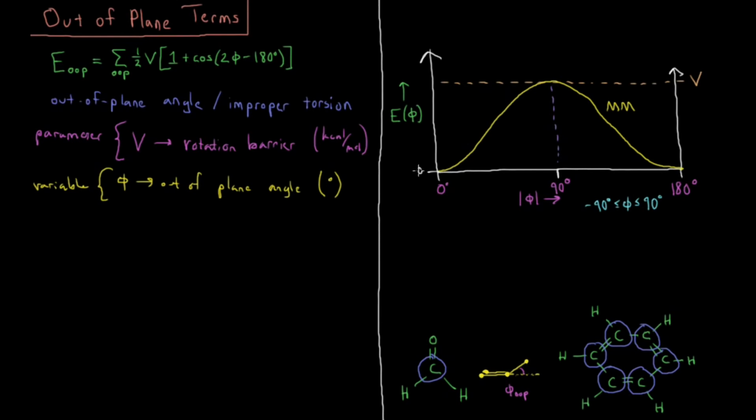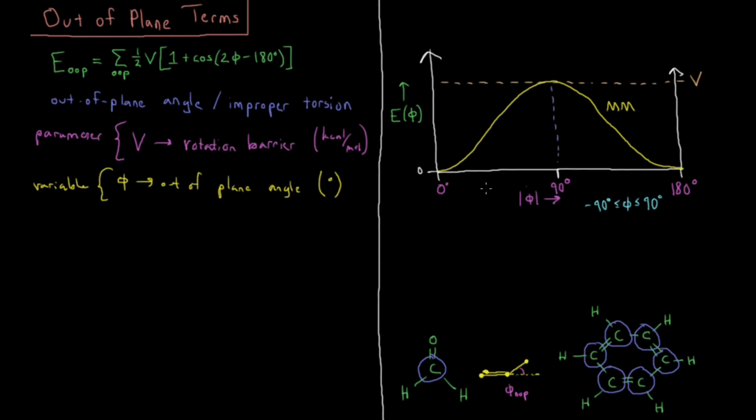So if we plot this potential, it starts at 0 degrees. An out-of-plane angle of 0 degrees means you're in the plane. The range of that is from minus 90 to plus 90. It's signed, so negatives are below, positives are above, depending on which order you specify the 2 hydrogens. So that can go from basically 0 up to 90 degrees.